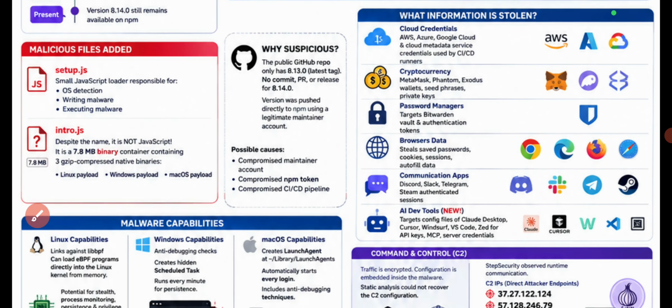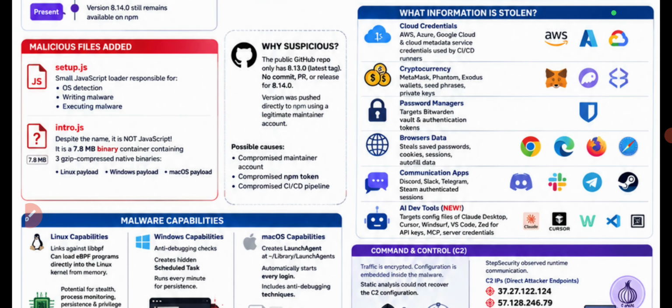Coming to the malicious files, these are the different malicious files that were added. One is setup.js, a small JavaScript downloader responsible for OS detection, writing the malware, then executing it. Then intro.js, which, despite the name, is not JavaScript.